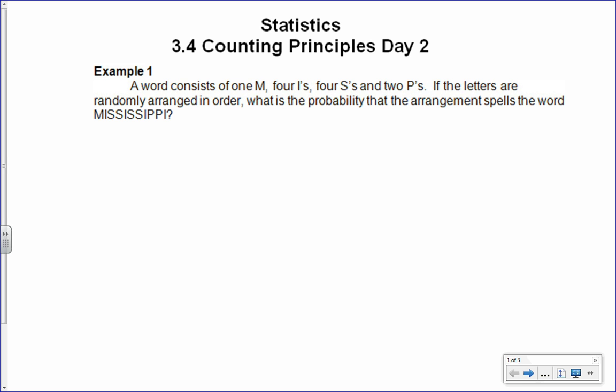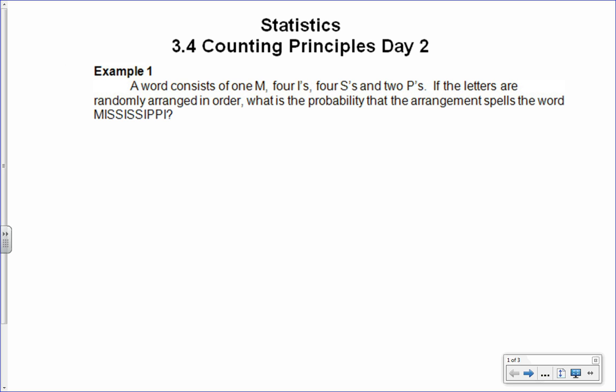So a word consists of one M, four I's, four S's, and two P's. If the letters are randomly arranged in some order, what is the probability that the arrangement spells the word Mississippi? We're just saying it's a word. So are there lots of possibilities of jumbling up those letters? Well, what is the problem, seeing they are typed?